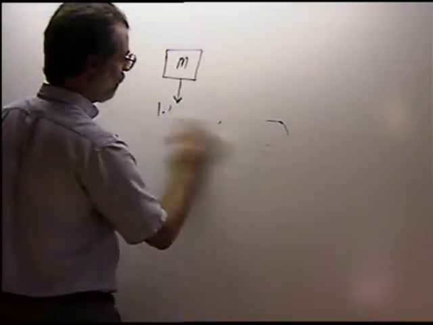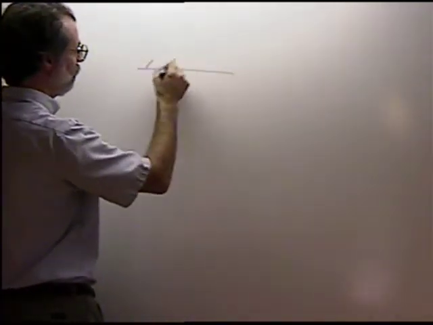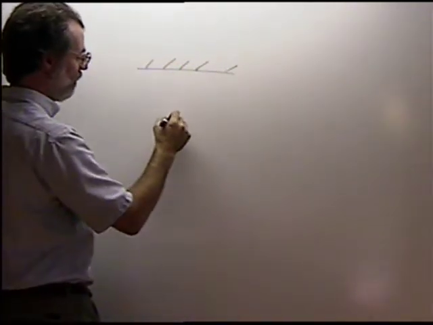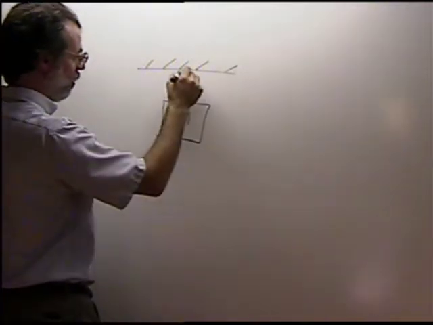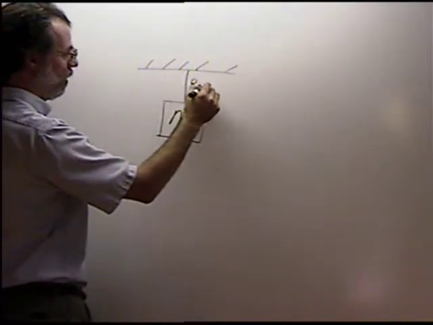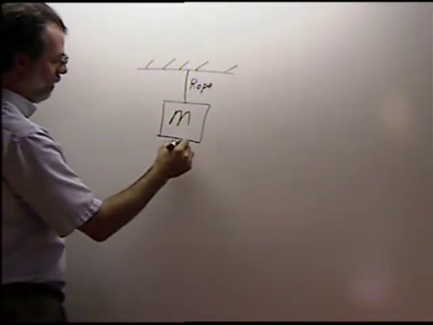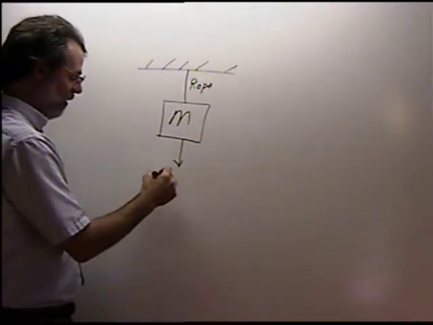Now, what happens if we have a ceiling, say a ceiling, and we have a mass here, but the mass is tied to a rope. Okay? The mass still has a weight acting down on it.